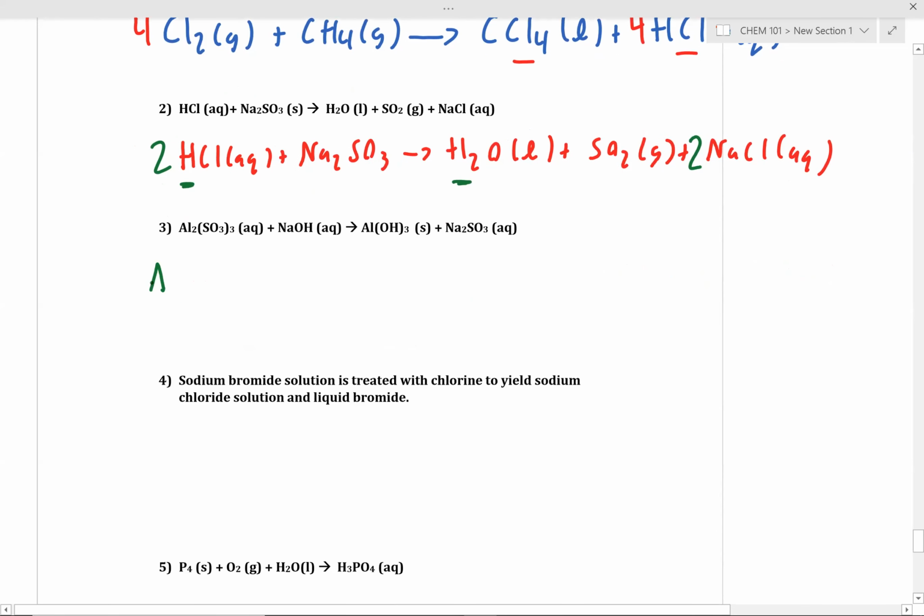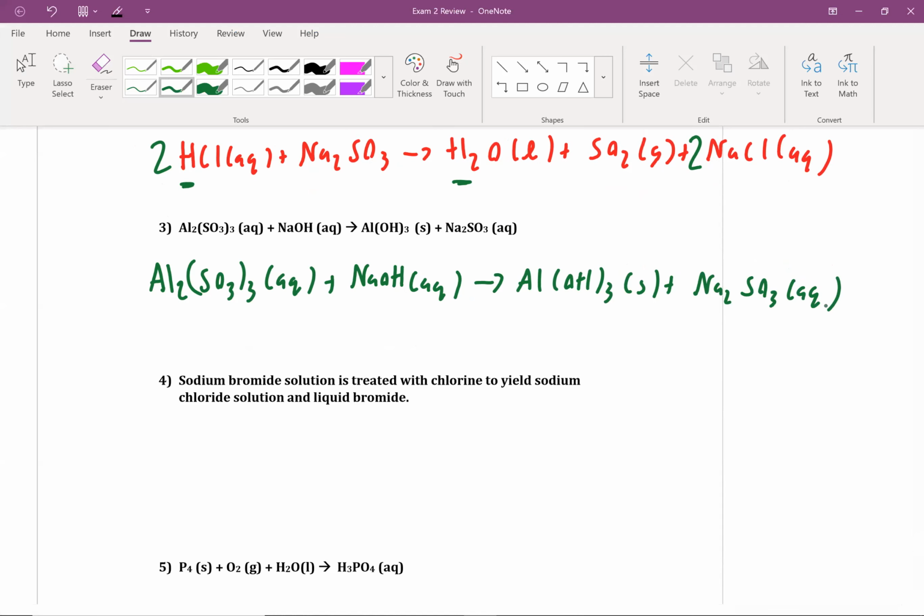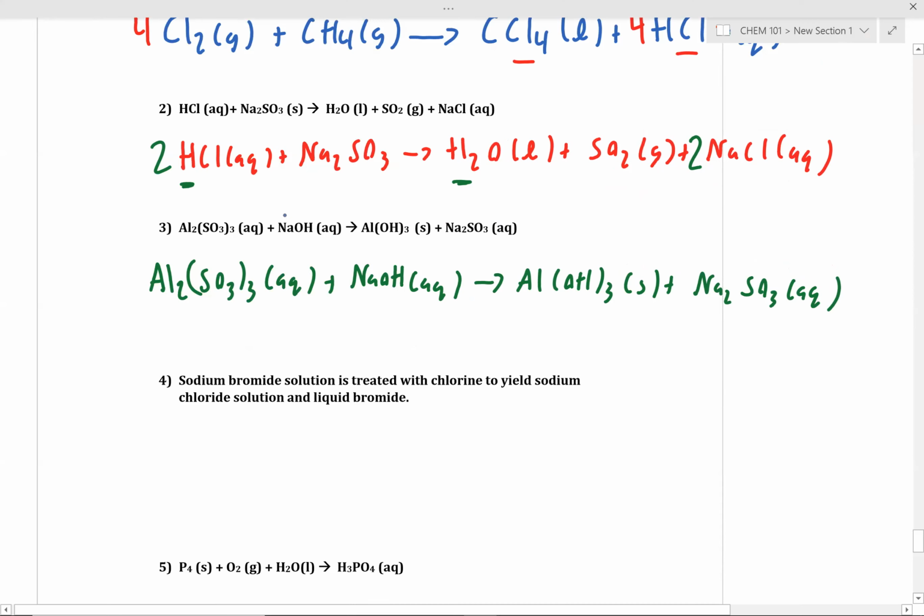So let's take a look at another example. Aluminum sulfite aqueous is reacting with sodium hydroxide aqueous to yield aluminum hydroxide solid and sodium sulfite. Okay, now let's look. When you're dealing with these kind of ionic equations, let's first balance the atoms found in the least number of elements.